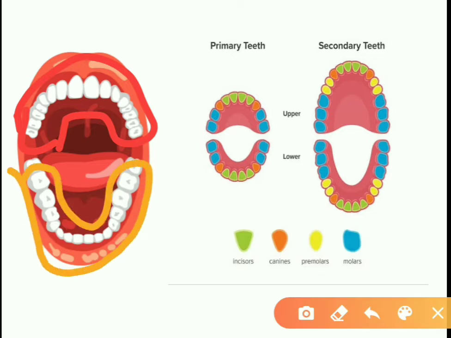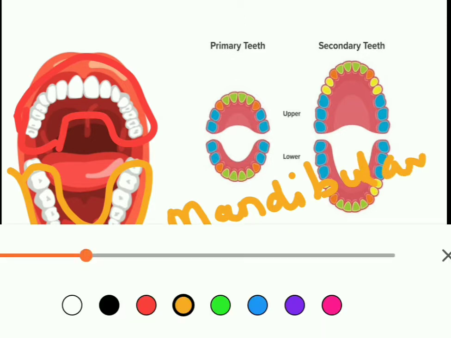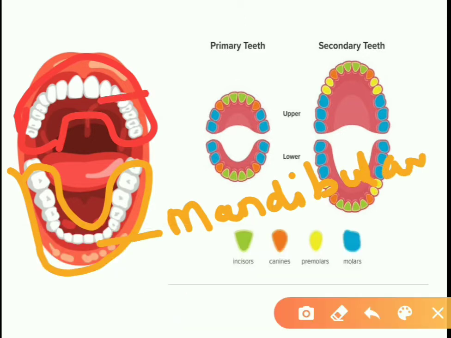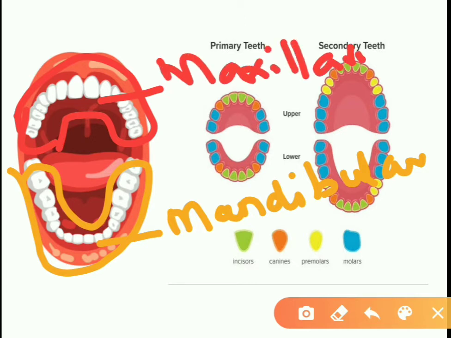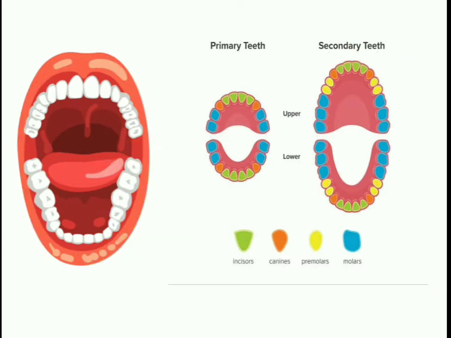The lower arch is known as the mandibular arch, ignore my writing, and the upper arch is known as the maxillary arch. As you know, this is the tongue, these are the lips. In total, 16 teeth are present in the upper arch and 16 teeth in the lower arch.